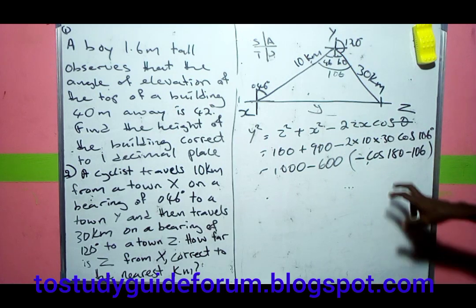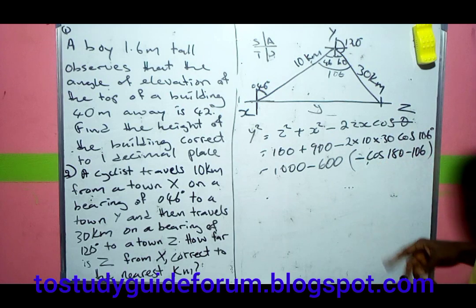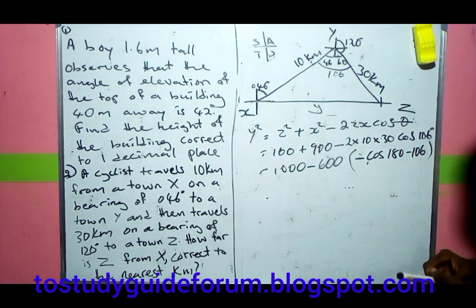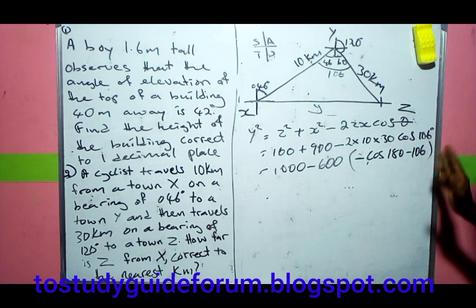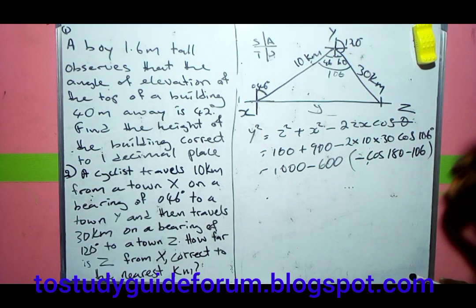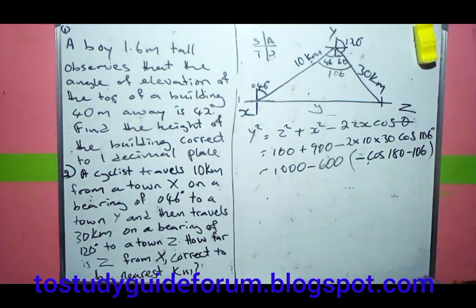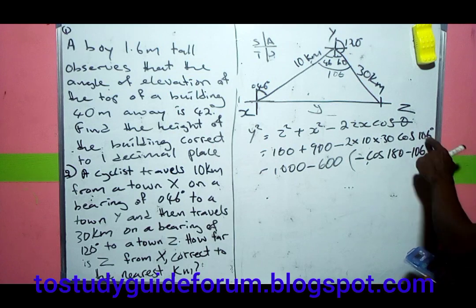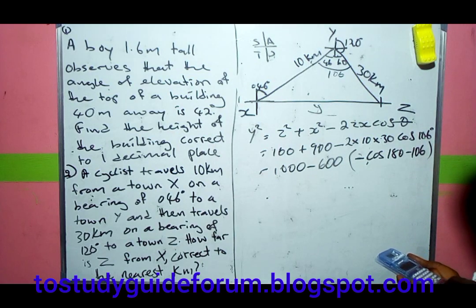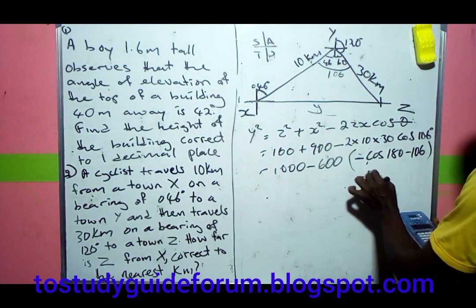When we subtract this from 180, we look for it if you're using a log table or cosine table. And with a calculator, you can also get it in a negative form. That means we look for this directly in the calculator. We find out that it will give us exactly that.